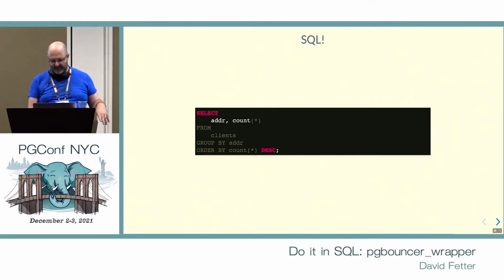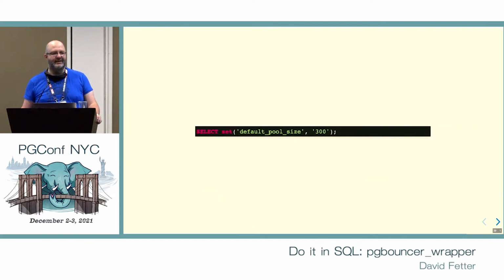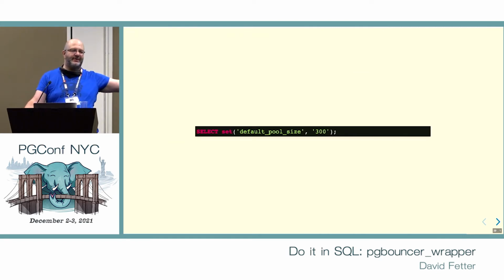And this becomes really important when you do something like this. That is the actuator part. So that's where those functions come in. In this case, it's set default pool size to 300. And that's the set command that pgbouncer provides.